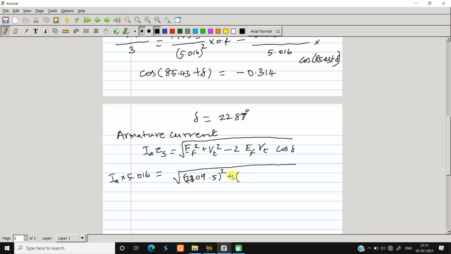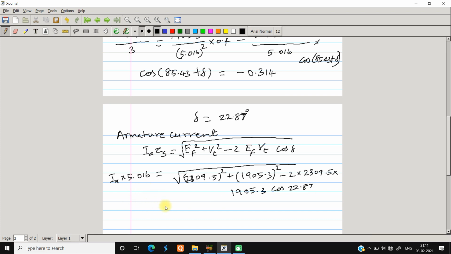plus 1905.3 the whole square minus 2 into 2309.5 into VT, which will be 1905.3, into cos, the delta value being 22.87.